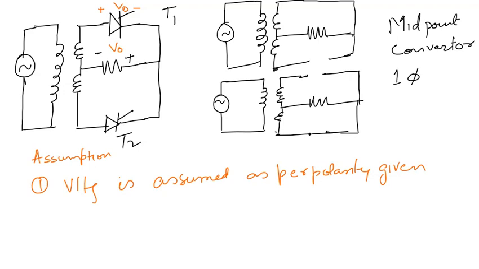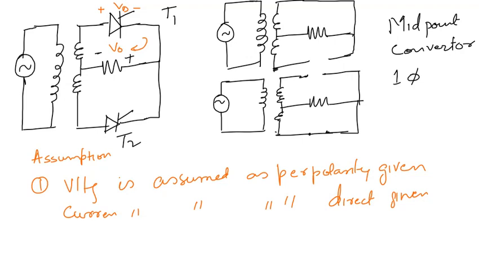Secondly, the direction of the current is assumed as per the direction given. Direction given means, if the current is incoming, it will produce a positive drop. If the current is outgoing, it will produce a negative drop.